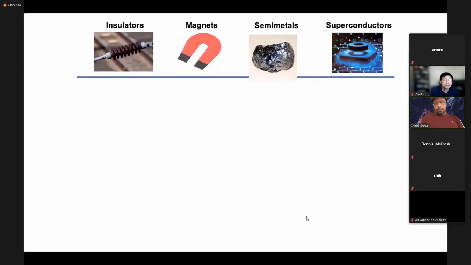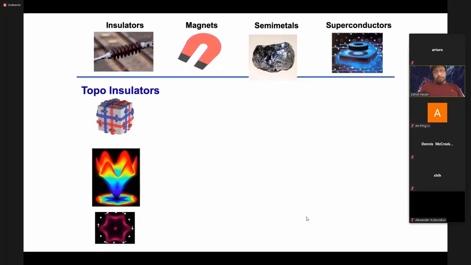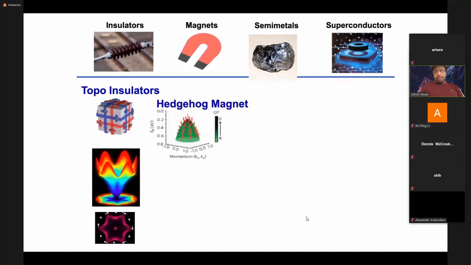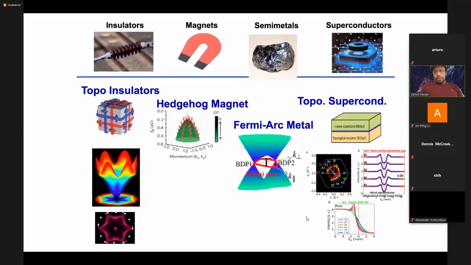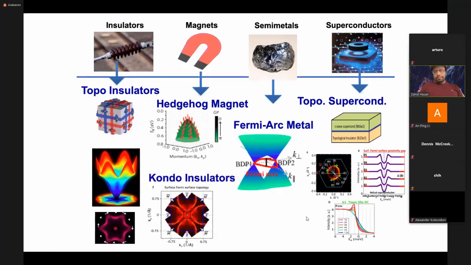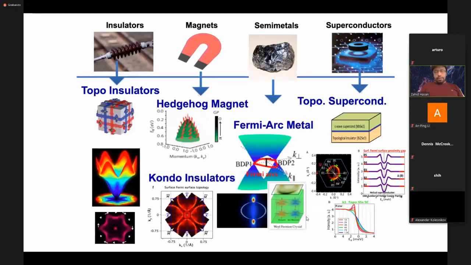So this started with the three-dimensional materials, the three-dimensional semiconductors or insulators, their topological variants, the topological insulators, topological magnets, topological semimetals, and a number of candidates for topological superconductors, and also more recently their more interaction-oriented variants are beginning to appear.